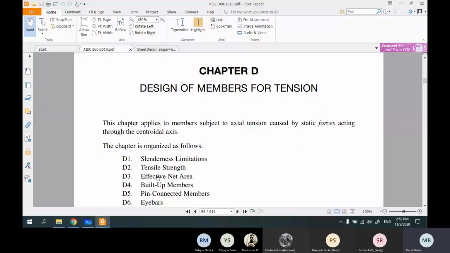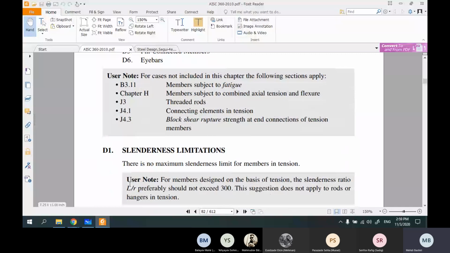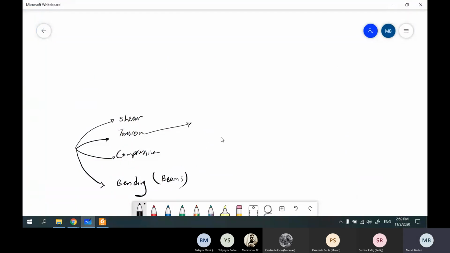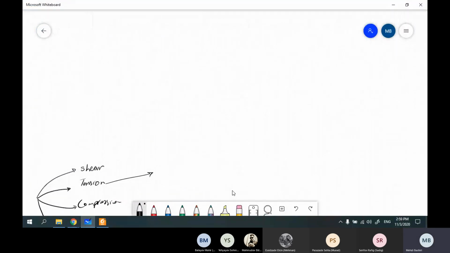Inside this chapter, we can find our failure criteria. I explained once that when we want to design something, for example, a column, for what conditions or what demands should we design this column.